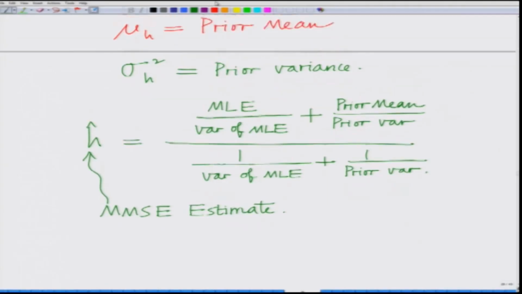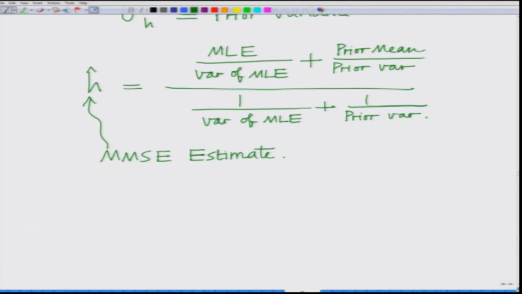For instance, let us say the variance of the maximum likelihood estimate is very small, it tends to 0.